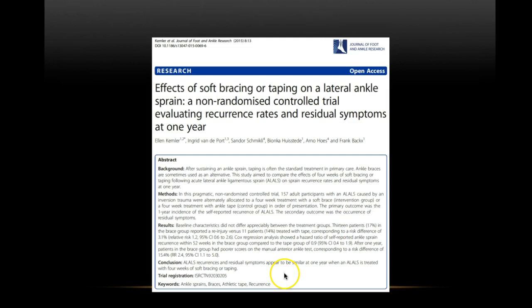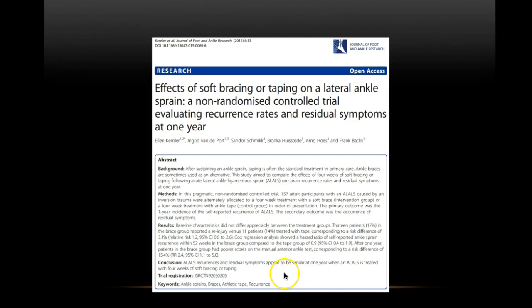And these are good articles to just keep handy, so that when you're making decisions, like, what should I do? Should I tape my athletes, or should I have them just wear braces? According to this article, you're going to get pretty similar results. Now, why is that important? Well, let's say you're an athletic trainer at a high school that doesn't have a big budget.